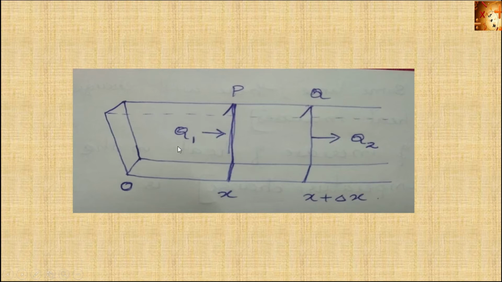Here Q1 is the quantity of heat flowing into the slab, and Q2 is the heat flowing out of the slab at Q. Here P corresponds to the point x and Q corresponds to the point x plus delta x. Here delta x is the thickness of this slab.